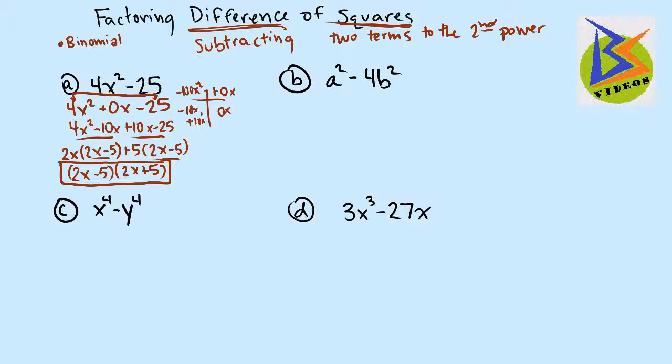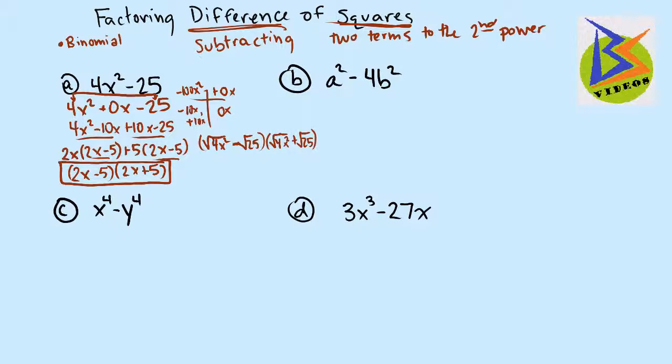But what we notice, and this is where the shortcut is, is that if we have a difference of squares, all it is saying is the square root of the first term minus the square root of the second, times the square root of the first term plus the square root of the second.